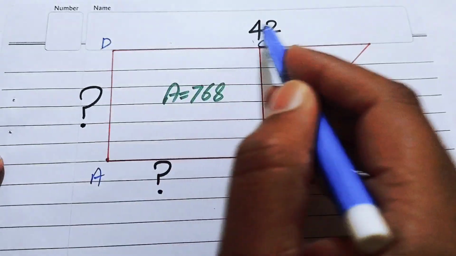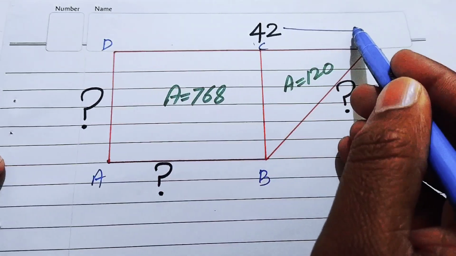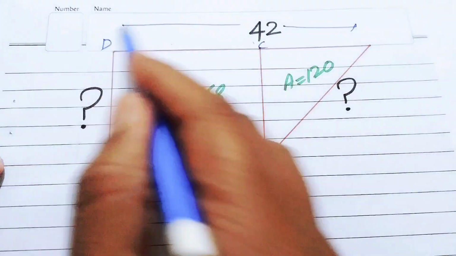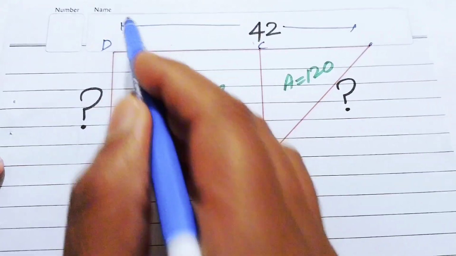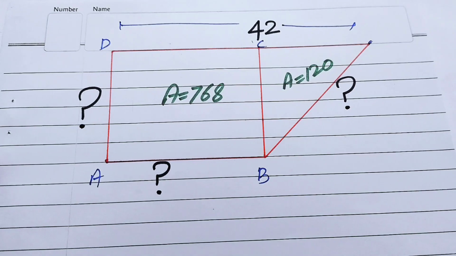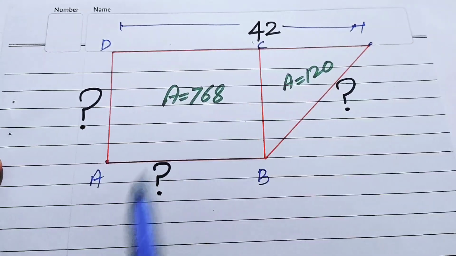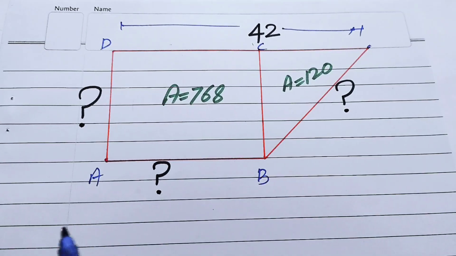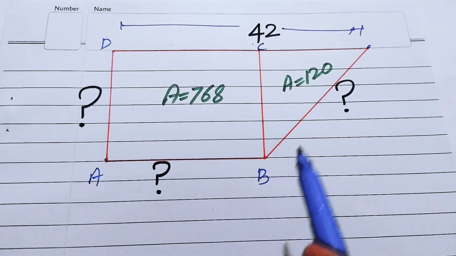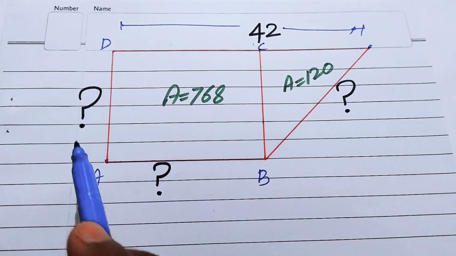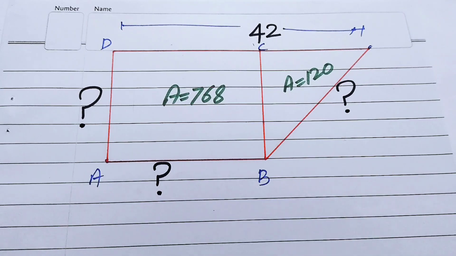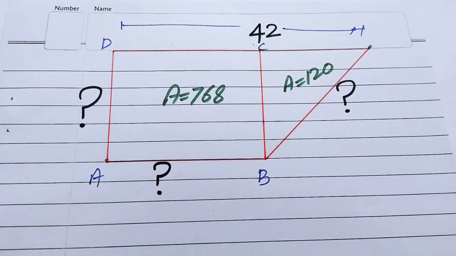This is the total side length from D to this point, and we will find the unknown side lengths. We have three unknown sides, so we find the lengths of these three unknown sides.